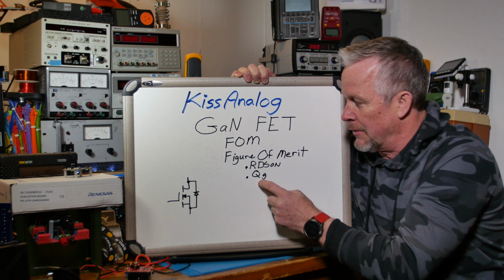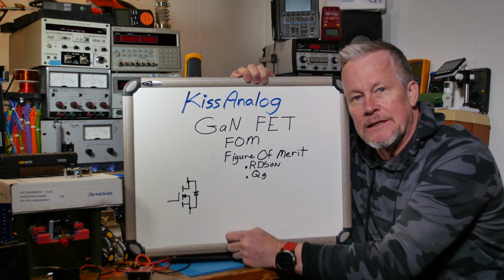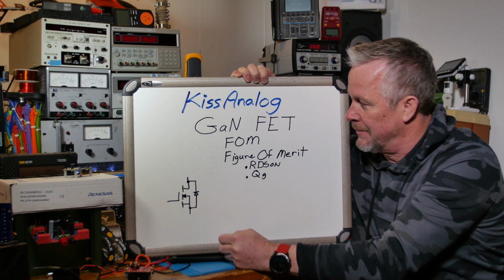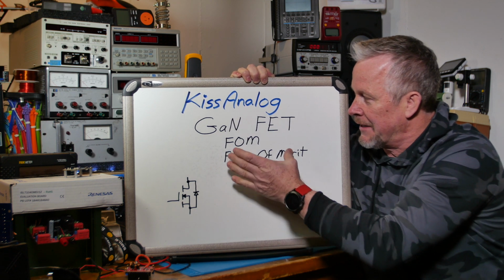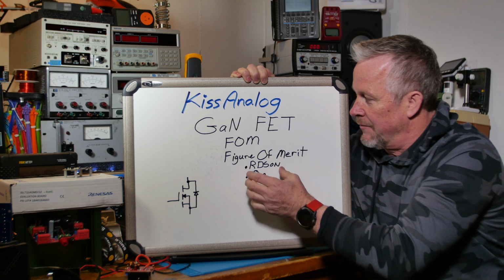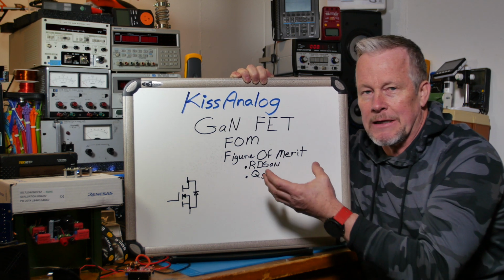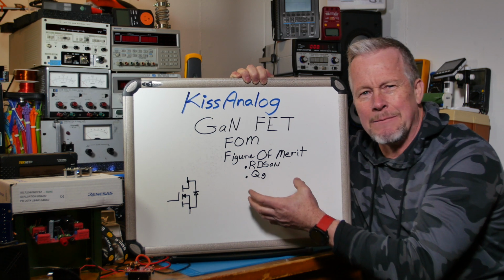So they came out with this term, which makes it easier to compare FETs, to see how easy it is to turn them on and off. That's how they come up with the figure of merit, combining these two terms, and then you have a number you can use to compare FETs within the same voltage range.